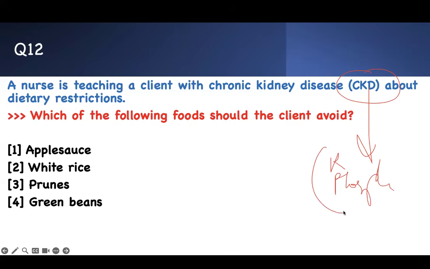These are the 2 things they go for dialysis for, to lower their potassium and phosphorus. They are on medication to lower their phosphorus. Therefore, if you want to eat anything at all, it should not have potassium and phosphorus. One of the biggest foods that has a lot of phosphorus and potassium is prawn.